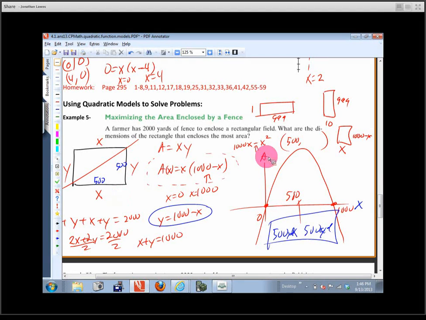And then remember this is A of x, this is the area. So the area is 0, then it gets bigger and bigger and bigger. It reaches a maximum area right here at the vertex, and then it goes down. Okay. So this would be that silly example that I gave before. If x is 10, we don't have much area.